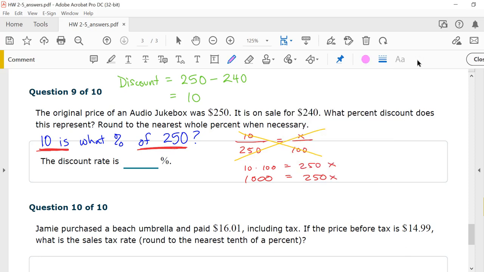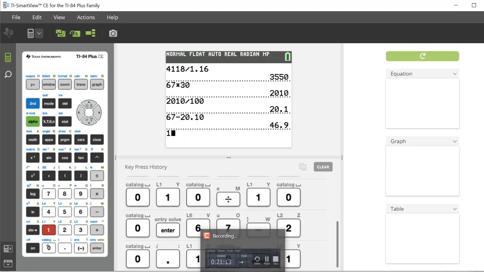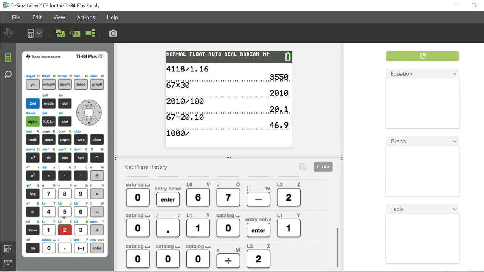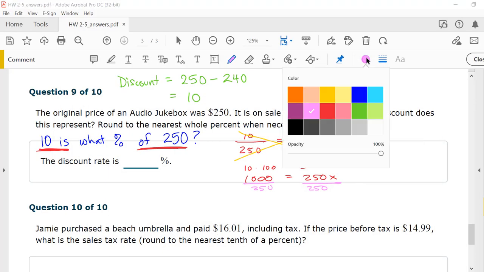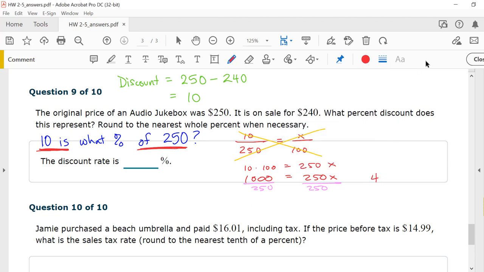Dividing both sides by 250, 1,000 divided by 250 is 4. So the discount rate is 4%.